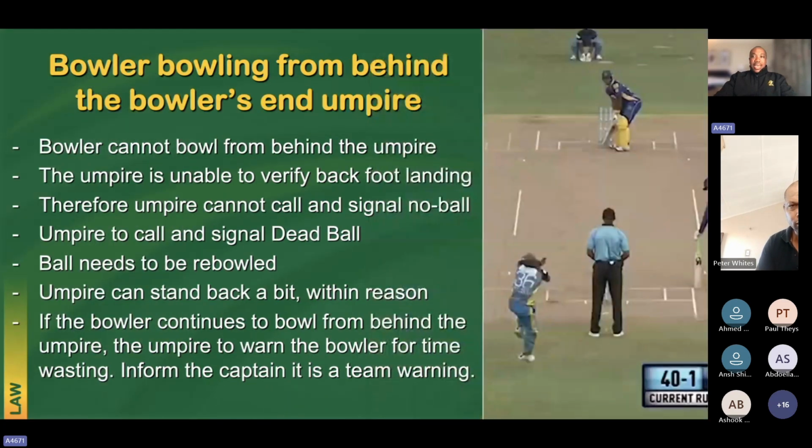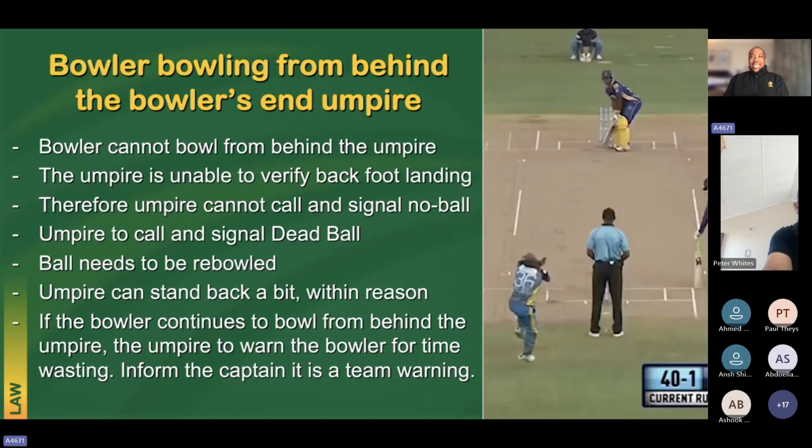Now, let's look at a video of an incident that happened many years ago in a Caribbean Premier League game where Tino Best was the bowler, and he decided, for a little bit of variation, he would bowl from very far behind the popping crease.